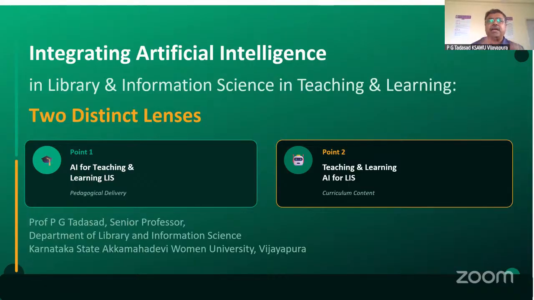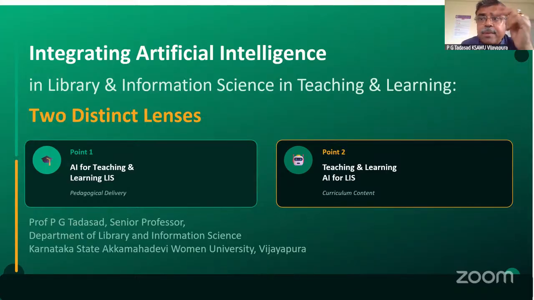Lens number one, which I call point one, I consider the AI tool merely as a pedagogical delivery tool. It's pedagogy that I am talking about, like PowerPoint, like podcasting or some other things. I just see it as a tool that I can use to deliver lectures, to enhance the LIS courses. It's a pedagogical tool.